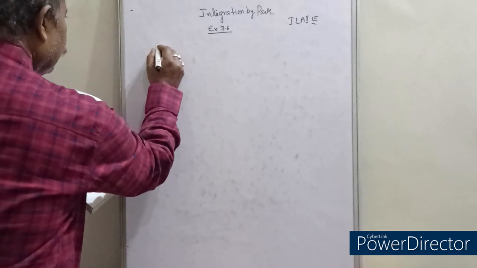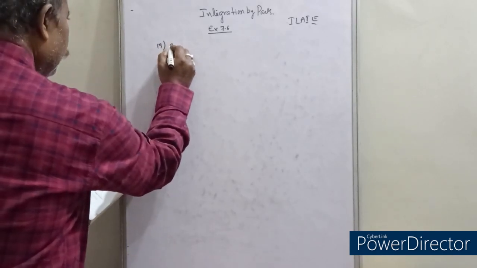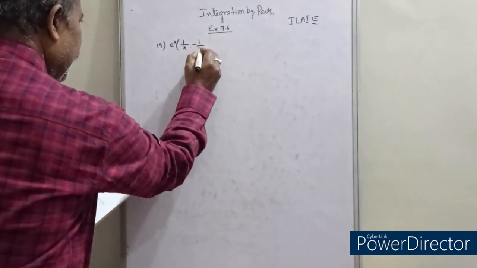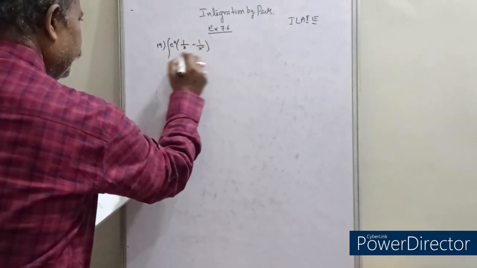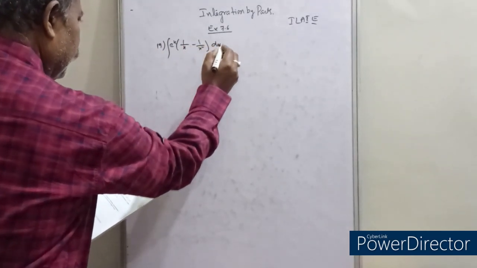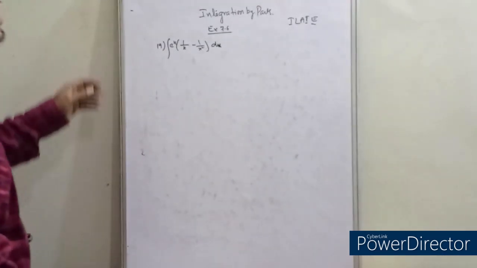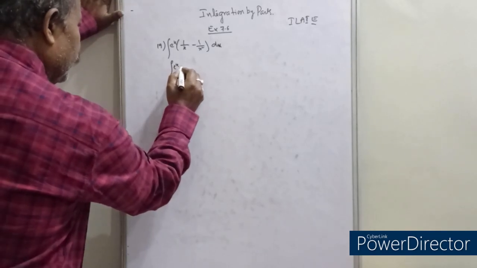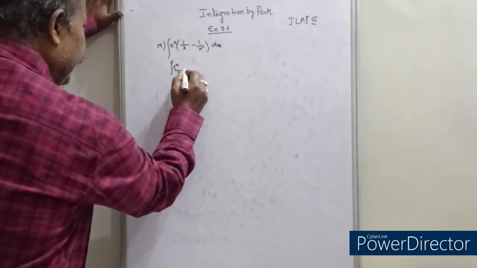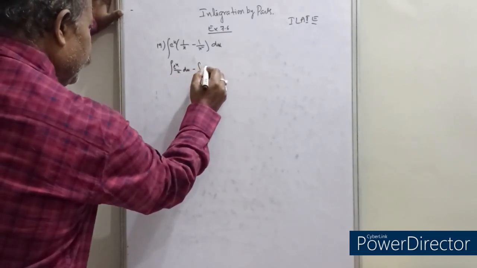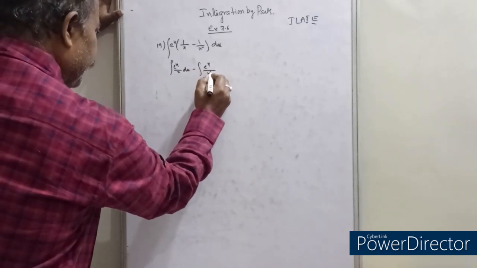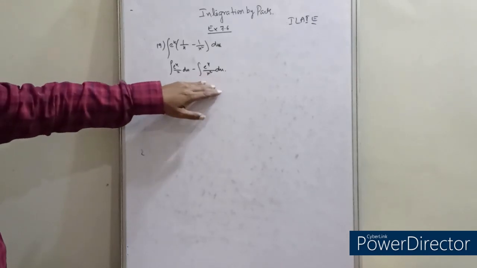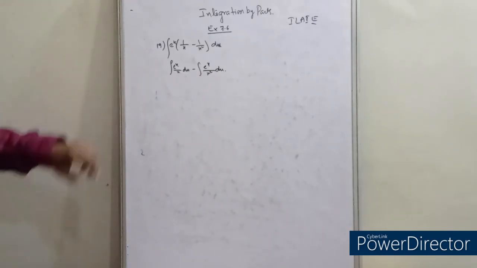Again question number 19, integration of e to the power of x (1 by x minus 1 by x square) dx. Again what I am going to do is divide into two parts, that is e to the power of x by x dx minus e to the power of x by x square dx. Here I am not going to disturb this, I am going to only disturb this one.